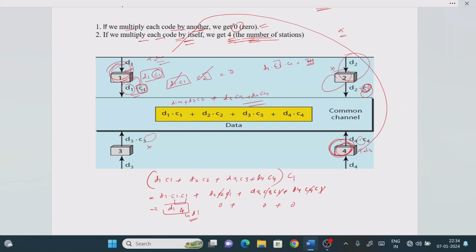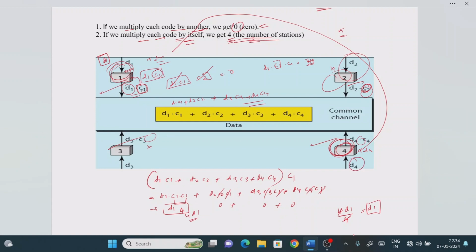Finally, we required only D1 data from station 1. What is the answer we got? 4 D1. Now how many stations do we have? 1, 2, 3, 4. Now we need to divide it by the number of stations, so that finally we get the data D1 at station 4.